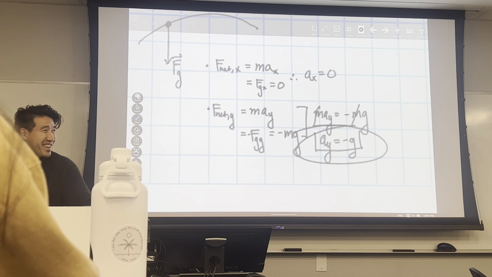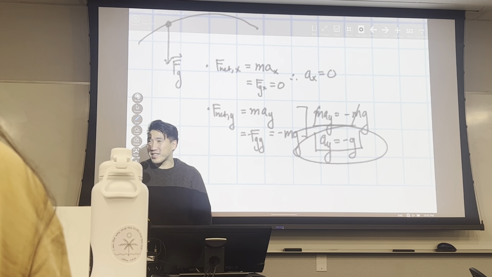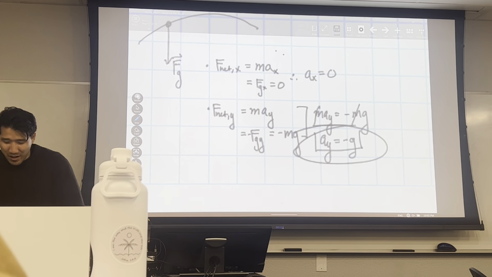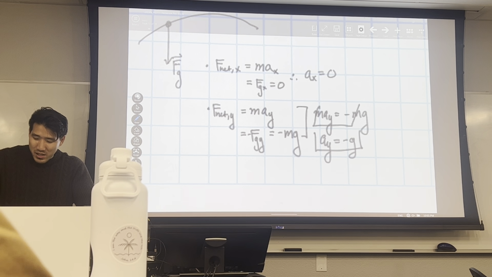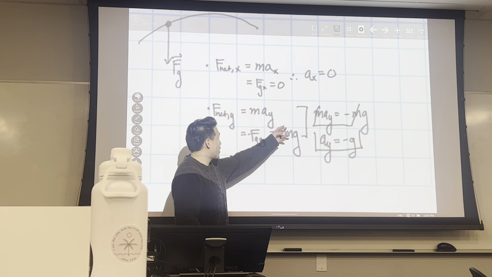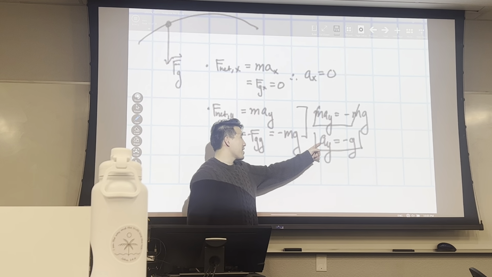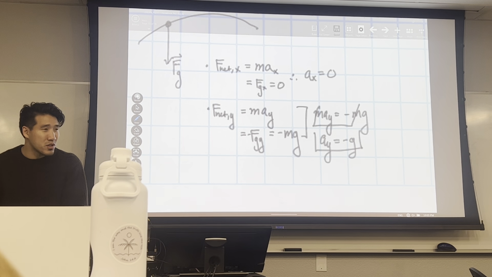Well, it doesn't, because of this analysis here, and Galileo made that observation. It's because the force of gravity and Newton's second law both have a mass term, which ends up canceling, and the acceleration is purely determined by the gravitational constant g.